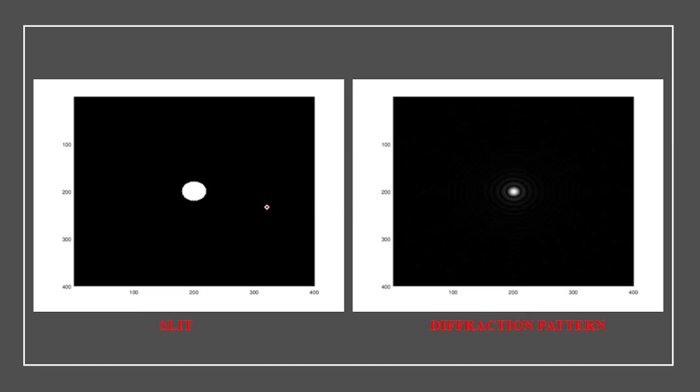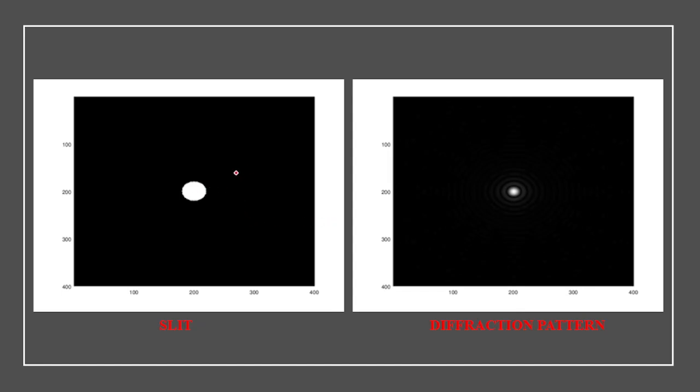So the main idea is that whatever the shape of the slit, if the examiner asks what will be the diffraction pattern, you have to write a mathematical expression associated with the shape of the slit, then take the Fourier transform, FFT, and then take the square of this Fourier transform, and that will give you the diffraction pattern associated with this slit.